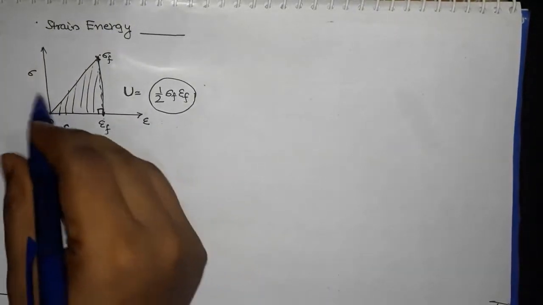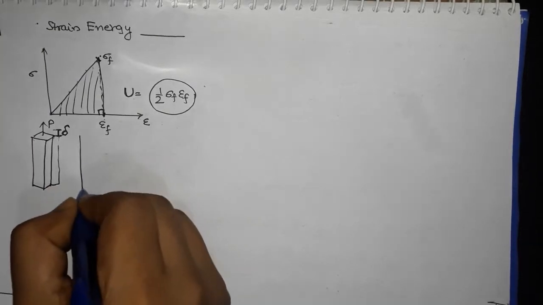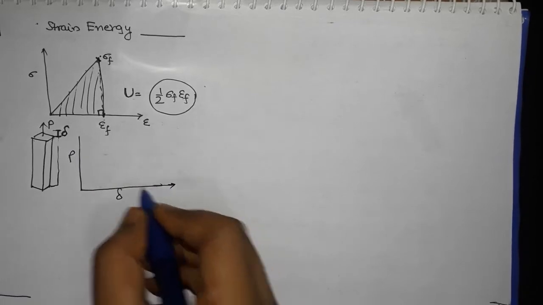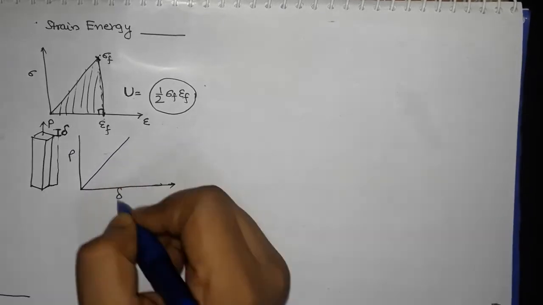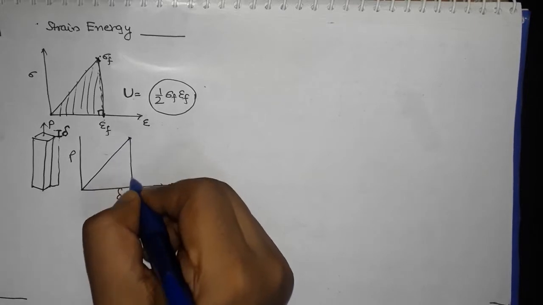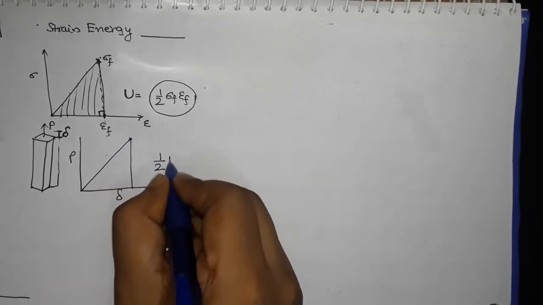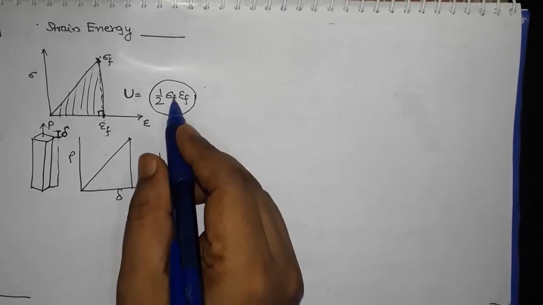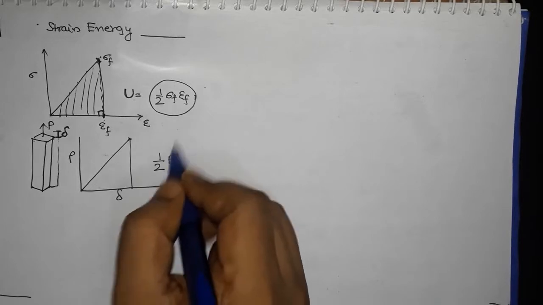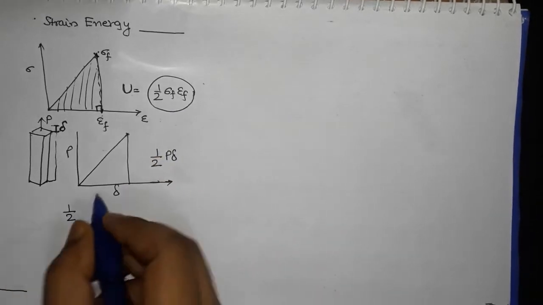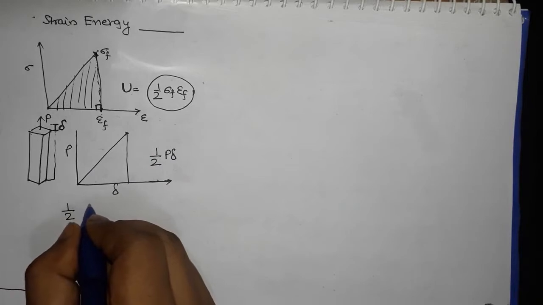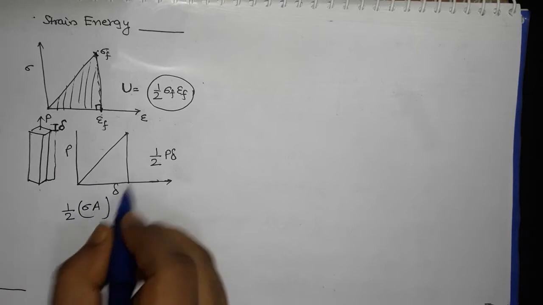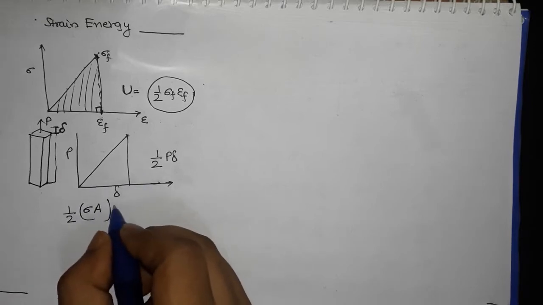And if you plot, instead of stress strain diagram, force versus displacement, again this will be a straight line, right? And the area under this curve will be half into P into delta, right? And from this also you can come back there, but there will be a difference in these two. So force, I can write as stress into area of this specimen, and delta will be strain into length.